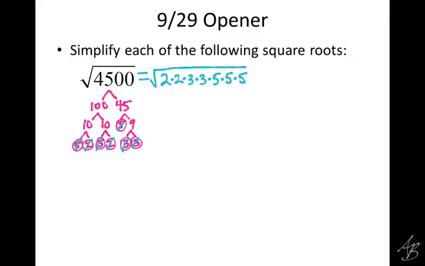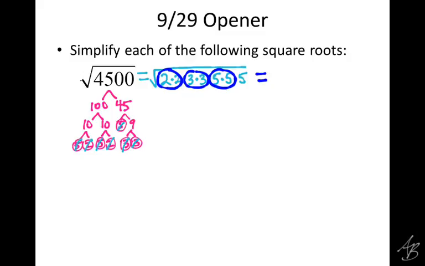Okay, now what? Circle pairs. All right, so do we see any pairs here? There's a bunch of them, right? We got a pair of 2s here, a pair of 3s here, a pair of 5s here, and that's it. So again, keep in mind, each of these pairs is a square. So the square cancels the square root and it ends up on the outside.